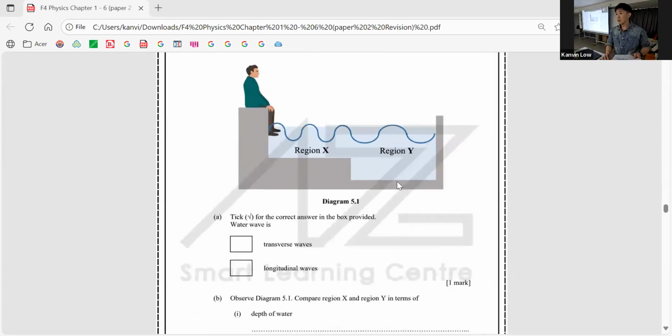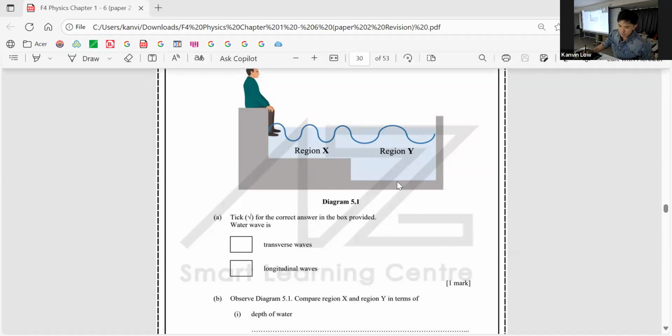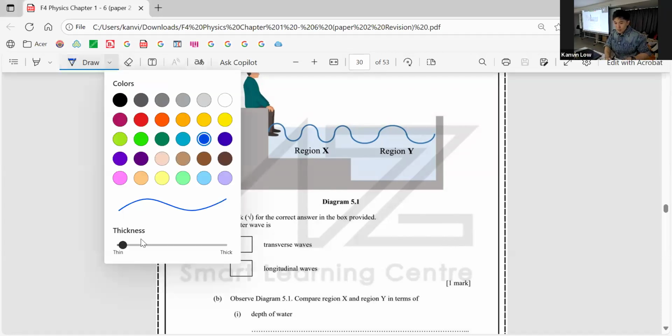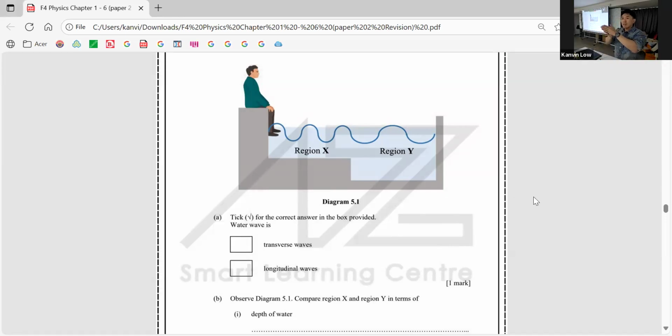This is total internal reflection, and this is also total internal reflection. Dispersion is like the light from one color and you disperse.